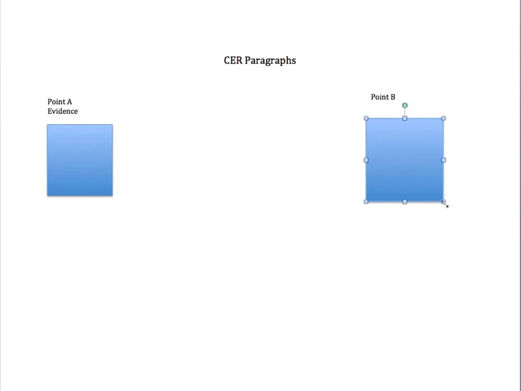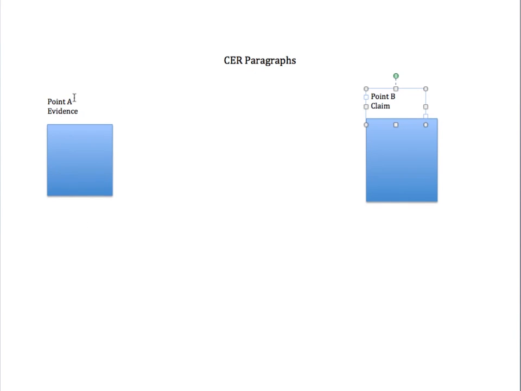Now point A is your evidence. You always, as an investigator, find your evidence first before you come up with your answer. So point A is your evidence. That's where you start. You start by noticing something in the text. And whatever evidence you find in the text helps you come up with your claim. It helps you come up with the answer to the question, which is point B.